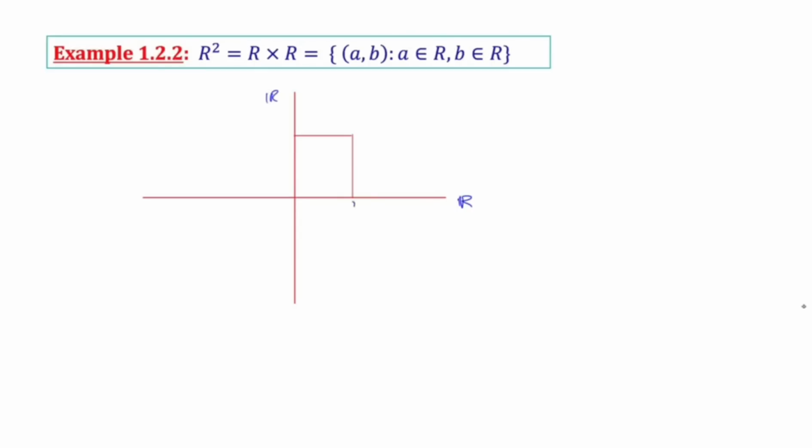Then take a as the value of x and b as the value of y, then the pair (a, b) is a member of R2. Since we can take any arbitrary a and arbitrary b, the whole plane represents R2.